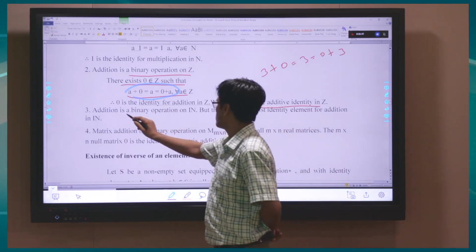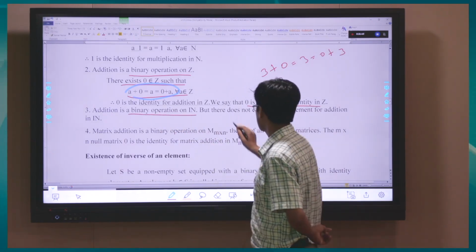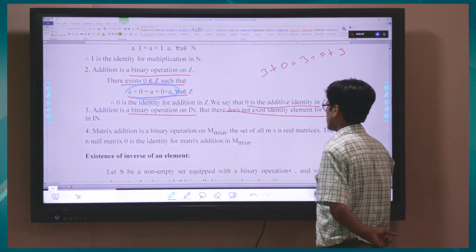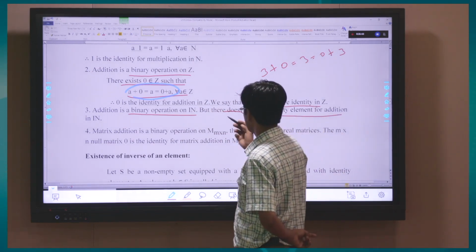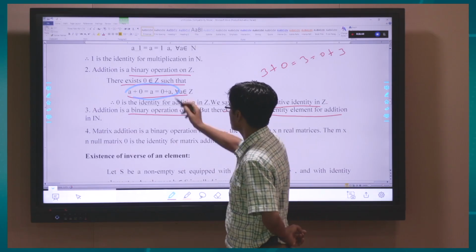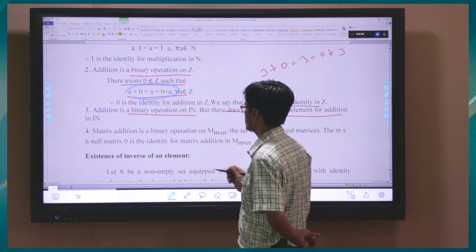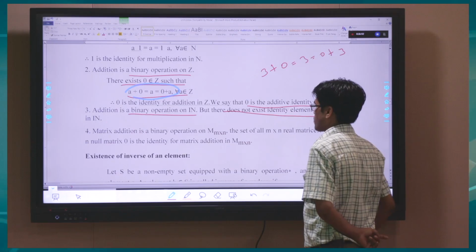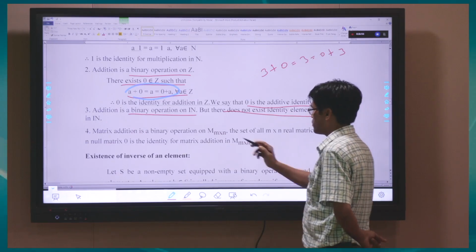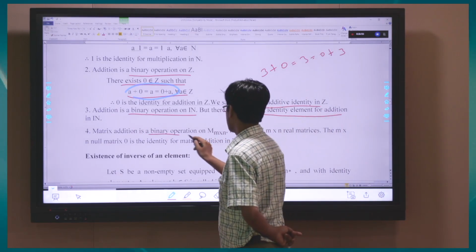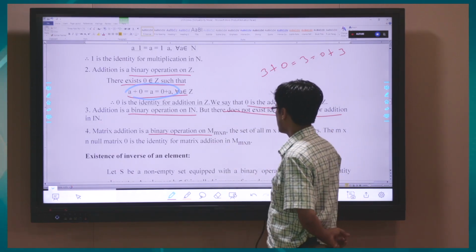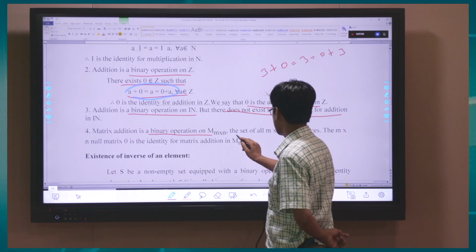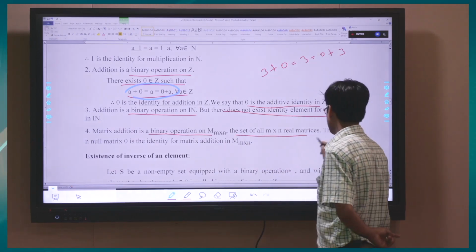Addition is a binary operation on N, but there does not exist an identity element for addition in N, because this condition is not satisfied. Similarly, addition is a binary operation on the set M, the set of all m cross n matrices.